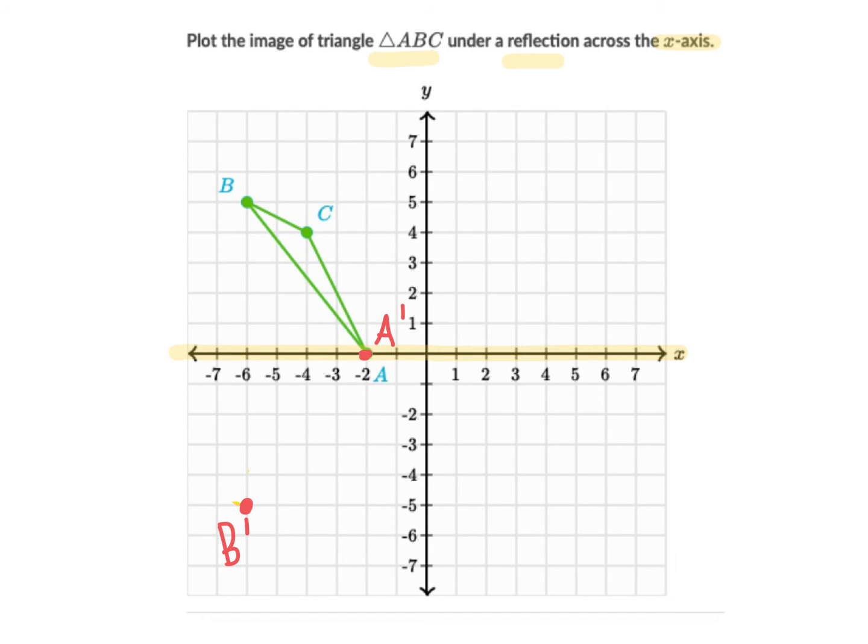Moving on to C, C is 1, 2, 3, 4 places away from the x-axis. So we reverse that and move 4 places flipped over the x-axis. So C prime would be right here at -4, -4. And then neatly connect to make your triangle.